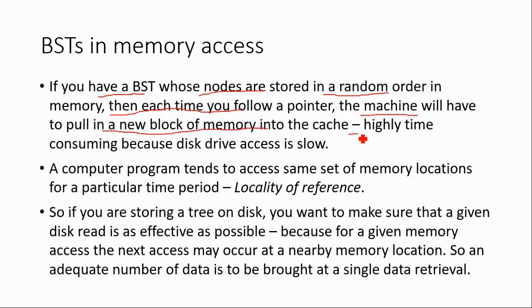Now suppose you have some data stored in secondary memory, means the hard disk, and that is stored in the form of a binary search tree. As we have seen, the capacity of a single node of a binary search tree is much lesser, and for our purpose we use it as one.